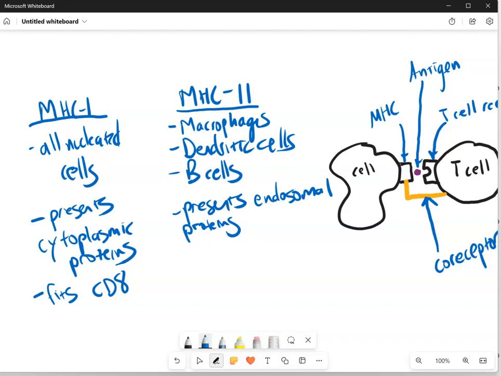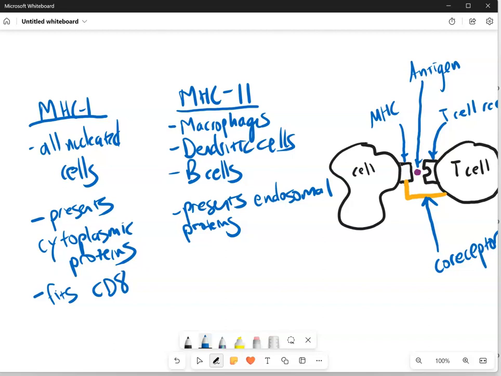That means proteins from endosomes. Endosomes are the vesicles that result from endocytosis. So generally speaking, if a cell does endocytosis, it brings in something from the outside, and that thing ends up in a vesicle, and that vesicle is called an endosome. Normally, we're talking about phagocytosis, and phagocytosis brings in something large, and that's inside what we call a phagosome. It's just a type of endosome.